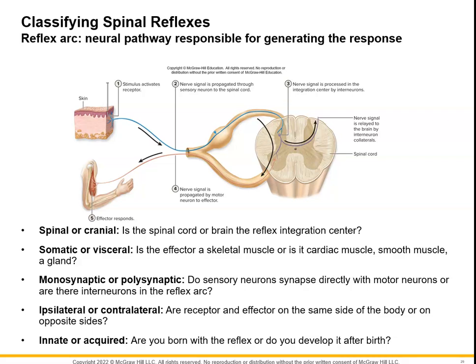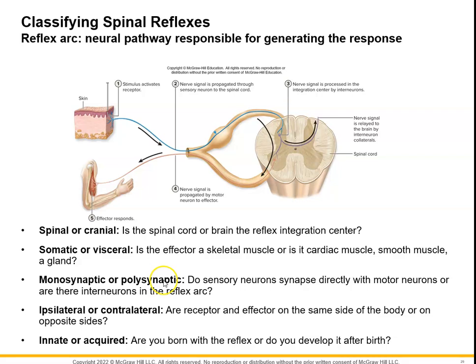Is it monosynaptic or polysynaptic? Monosynaptic. What do you think that means? One synapse. So it has one sensory neuron and one motor neuron. Does not have an interneuron because that would make it 3 neurons. That's more than mono. That would make 2 synapses.